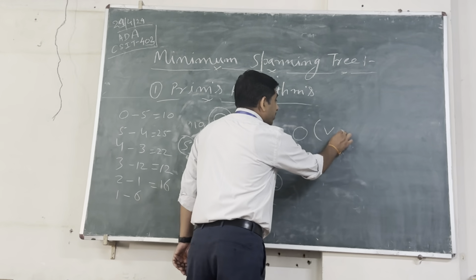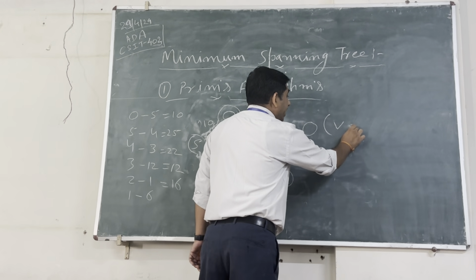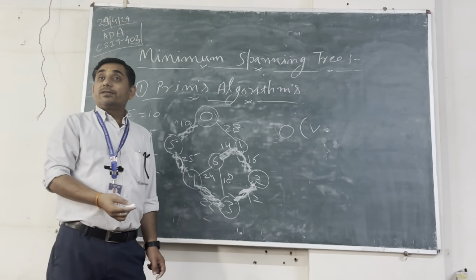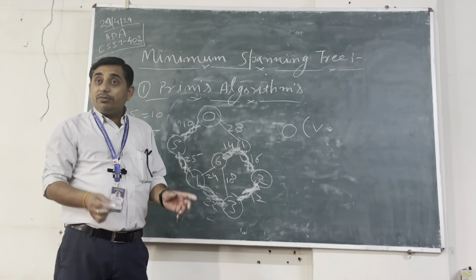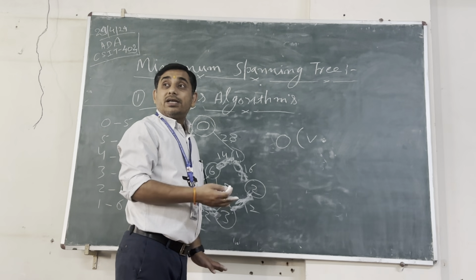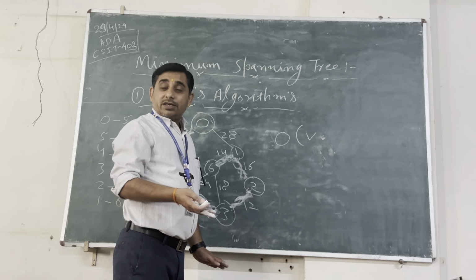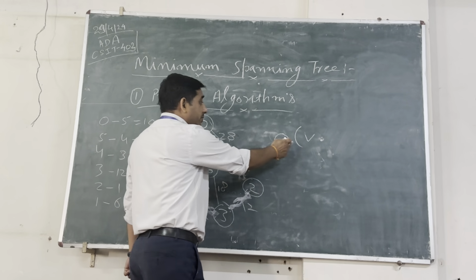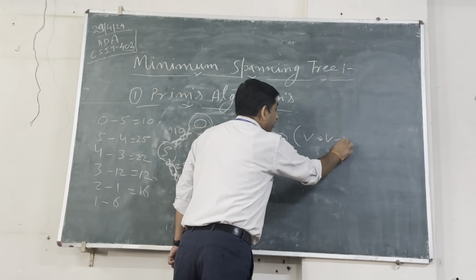And how many edges are involved here? How many minimum number of edges are involved? Some formula. So V minus 1.